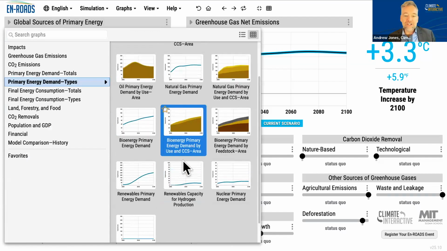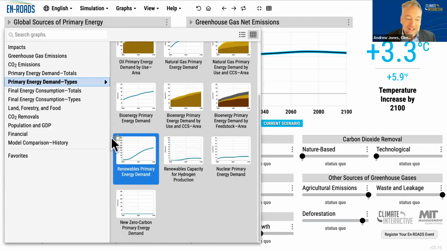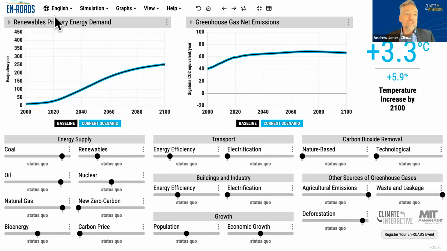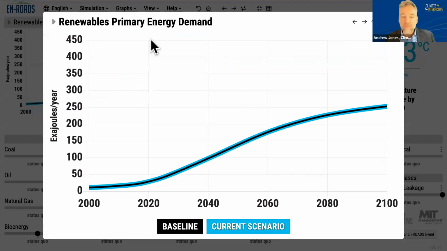And as you can imagine, we have many different sources of energy under here. Renewables, primary energy demand. This is, of course, the great news in the world, and it's China exports. And what we've already seen, here's 2000 to 2100. We sit here, and the amazing growth we've seen globally.